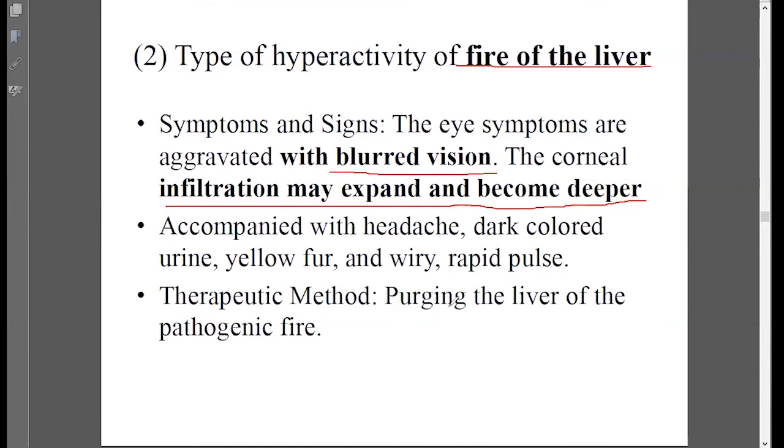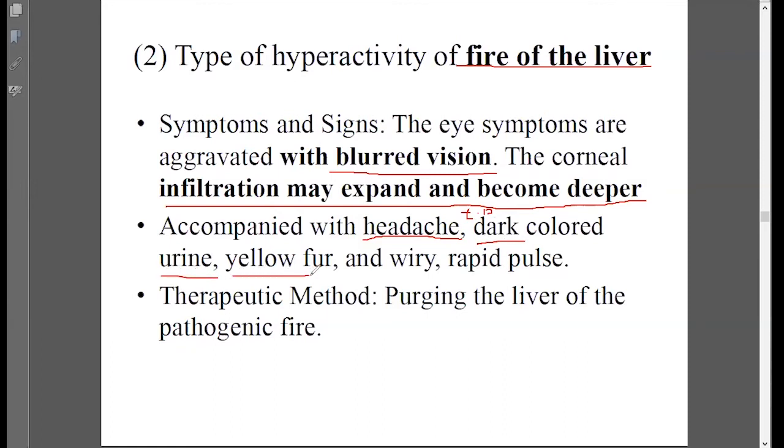Other symptoms, we say pattern symptoms: headache. Liver fire always and easily rushes up, causing headache, and possibly tinnitus, dizziness, and dark, scanty urine, internal heat.